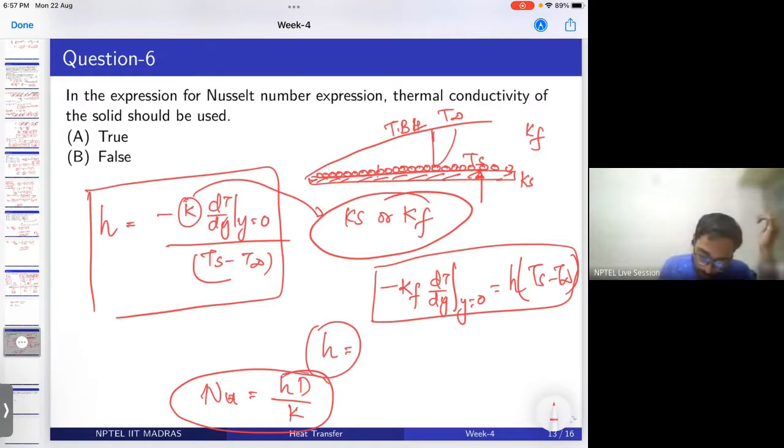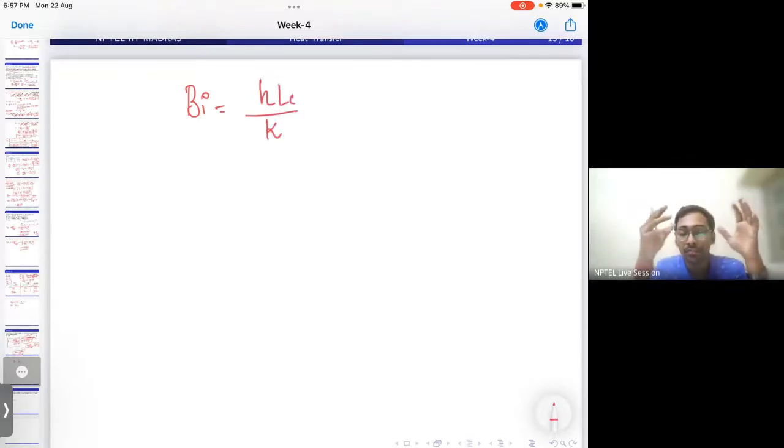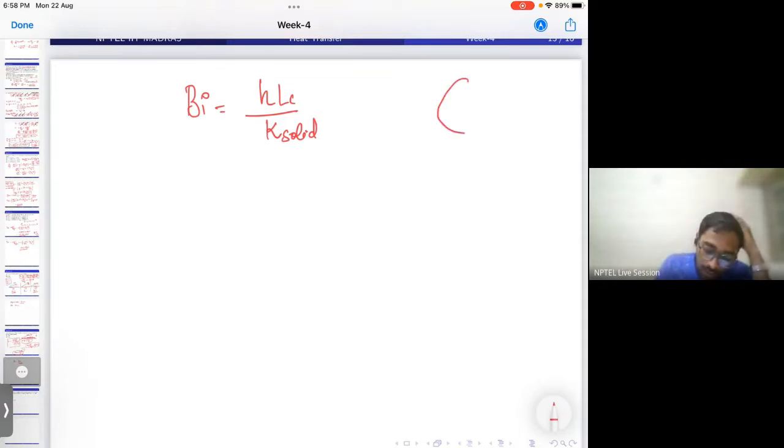I hope you remember a similar expression we discussed in previous classes, in the transient conduction case, that is lumped analysis, where we use the Biot number, hLc by k. Normally people get confused between these. Here k of the solid should be used, because in the Biot number we are checking whether the temperature distribution within the solid is isothermal.